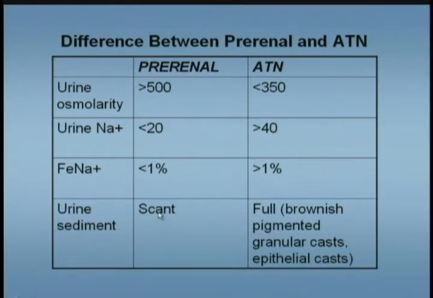Now, sediment is something that we didn't say much about before because it's the least useful thing. You see this where it says muddy brown, pigmented, or granular casts? What are the pigments and the granules and the muddy brown casts? These are basically the cadavers of tubular cells.